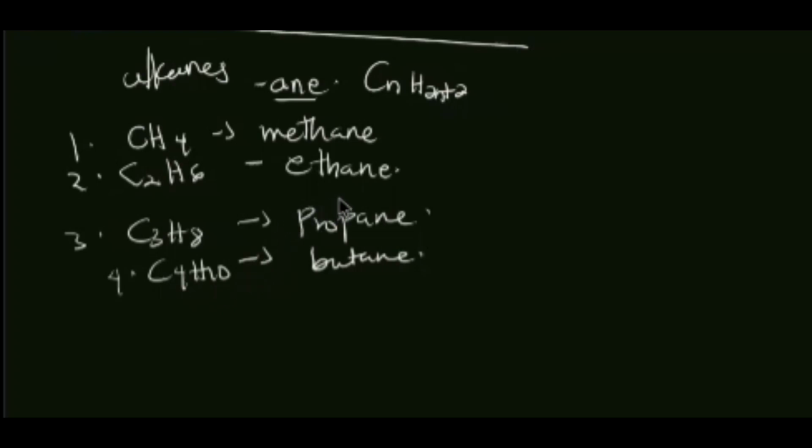So it goes on to pentane, hexane in that manner. So as I said, all alkanes are named with the ending being ane, and that is how we name alkanes.